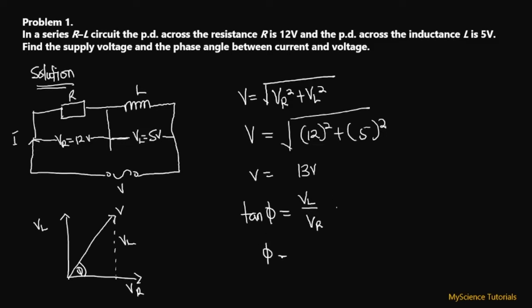So our angle is equal to the tan inverse of VL from the question is 5, and then VR from the question is 12. So if we compute the tan inverse of the ratio 5 on 12, we are going to get 22.62 degrees. So this is how we solve a question involving an R and L circuit. Let's have a look at another example.